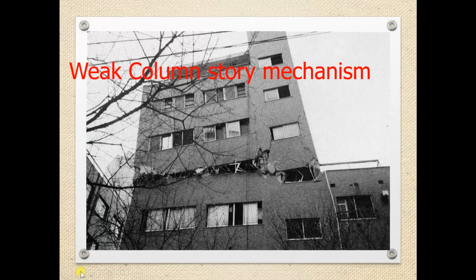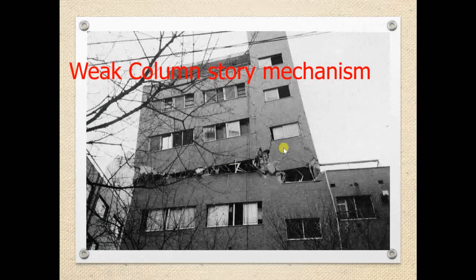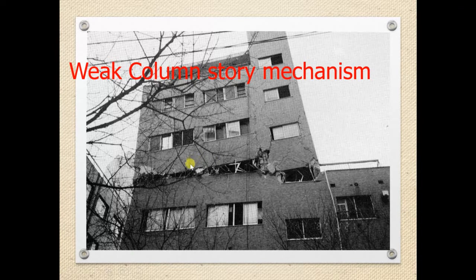This is a typical cascade failure where the column was weak and the beam was not. The building has not been designed for weak beam and strong column. Here weak beam does not mean that you are compromising the design of your beam or your column. It is a concept based on the moment capacity of your beam.